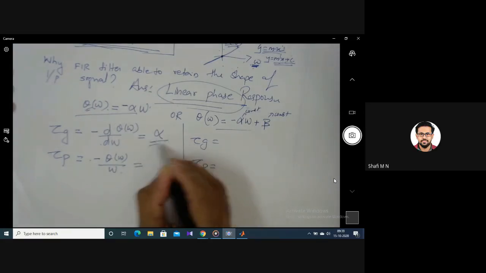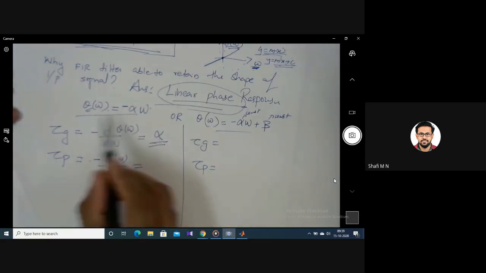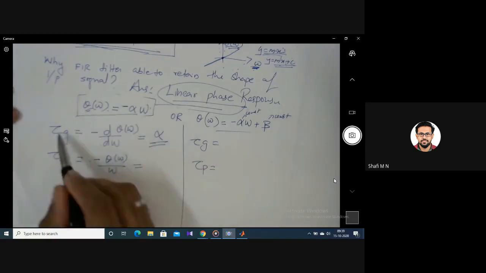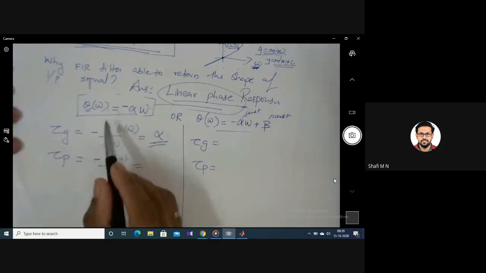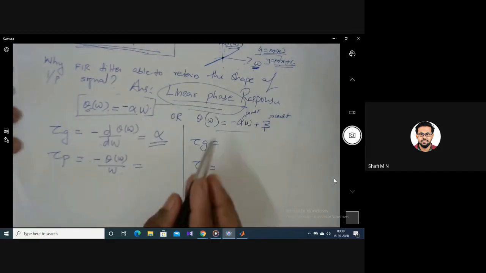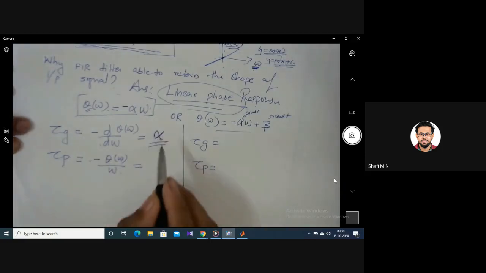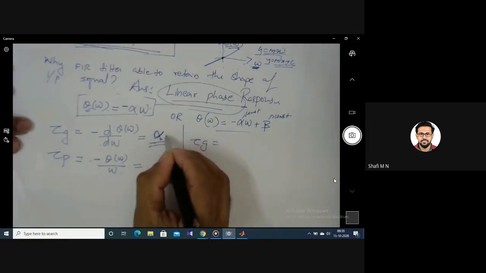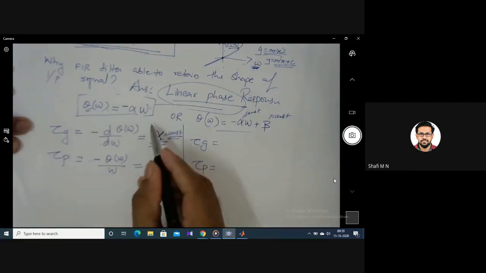So this alpha is your tau g. If I had not put the minus sign there, it would have come as minus alpha. So that alpha is the group delay in the standard format, I put the minus sign. Nothing, just a mathematical adjustment. So alpha is your group delay. The important observation is that this is a constant. Your group delay is constant.